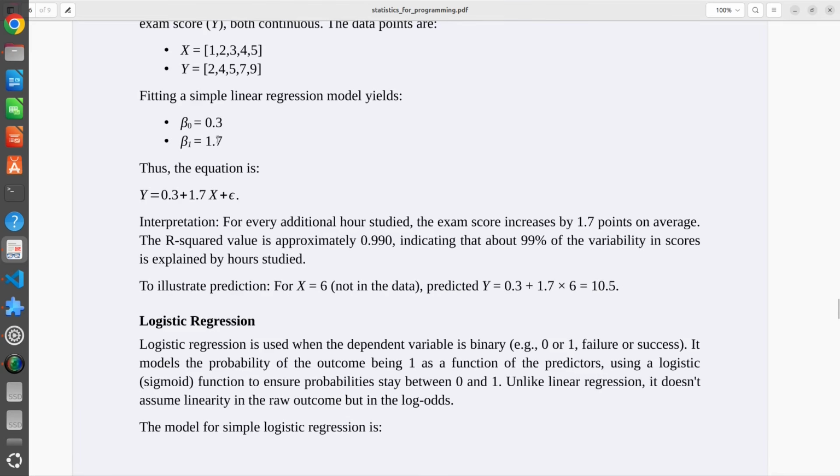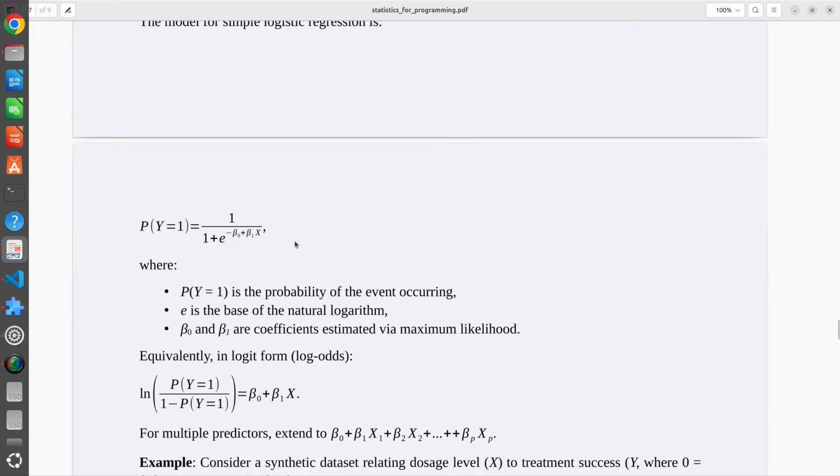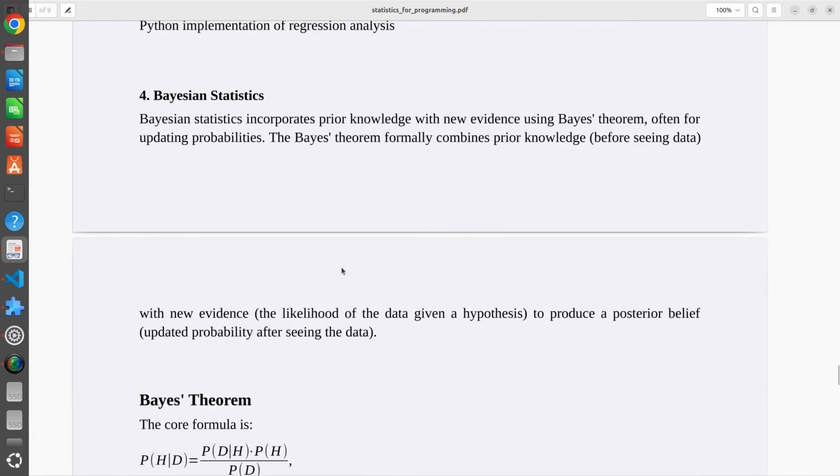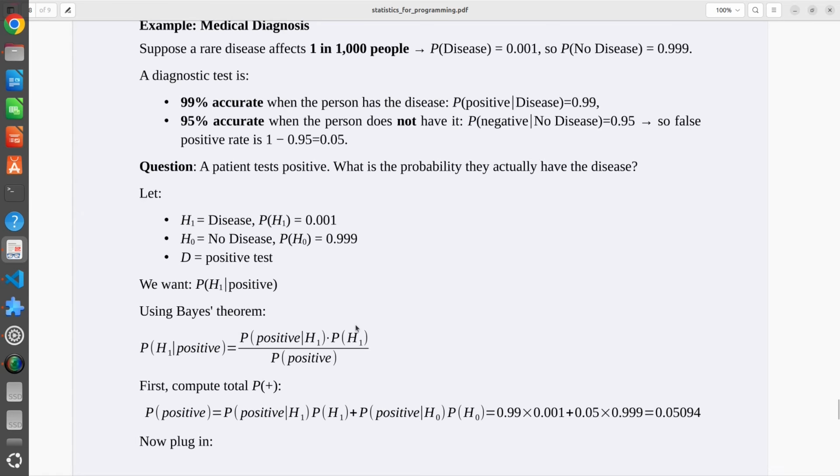So we can use the data to try to fit them to a straight line, or we can fit the data to this model so that we will have a binary output based on the given data, okay? And we've also learned Bayesian statistics, which involves the use of the Bayes theorem here, okay? And the Bayes theorem would help us update the probability given that we know the prior probabilities and the likelihood of that probability to get a particular result.